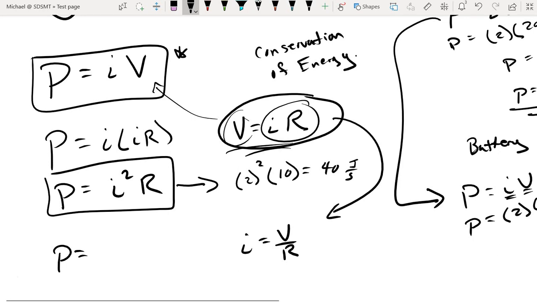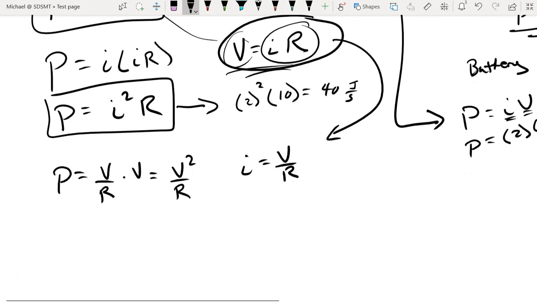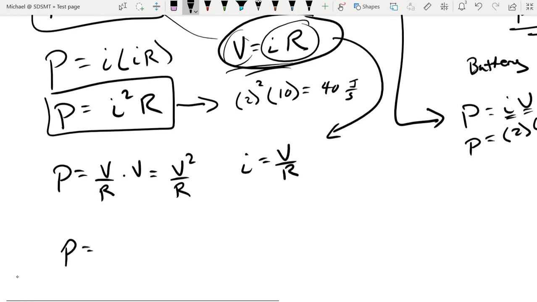So I equals V over R times V, which becomes V squared over R. And we can just as easily confirm this equation as well, because we had a battery of 20 volts, a 10 ohm resistor. 20 squared is 400, divided by 10 is 40.